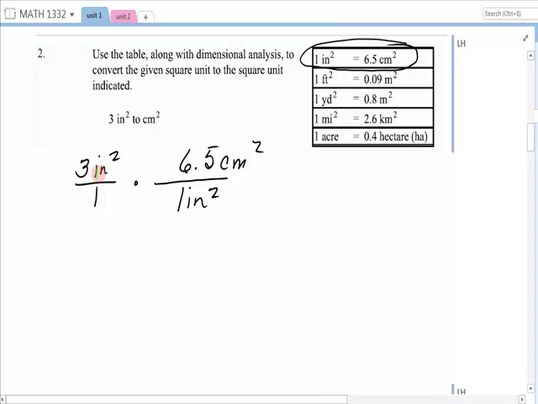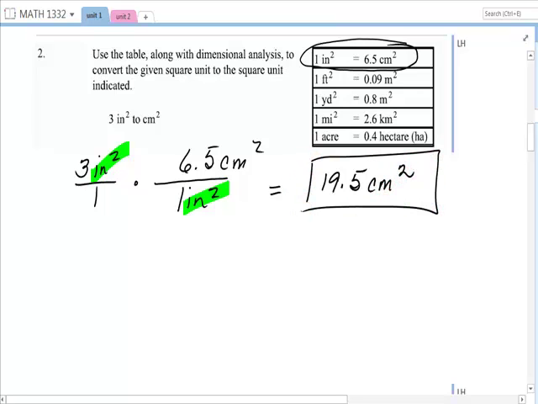I know that I'm on the right track because the inches squared cancel out. So with my calculator, I multiply 3 times 6.5 and I get 19.5. The only unit left is centimeters squared, and that is my answer. 3 square inches is 19.5 square centimeters.